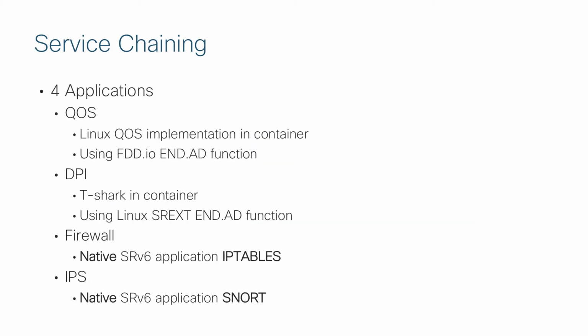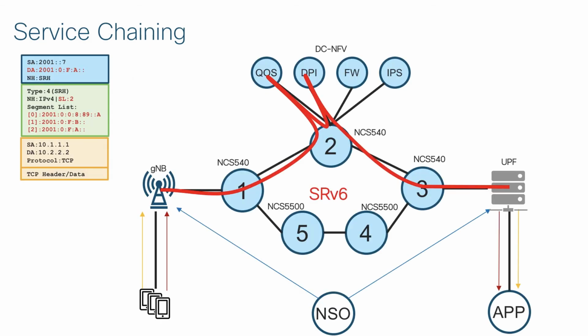In our small data center, we have 4 different applications. 2 applications do not understand SRv6, so we need to use an SRv6 proxy function in either VPP or Linux. But the other 2 applications, iptables and Snort, are already modified to understand SRv6, so they are able to act upon the inner packet.